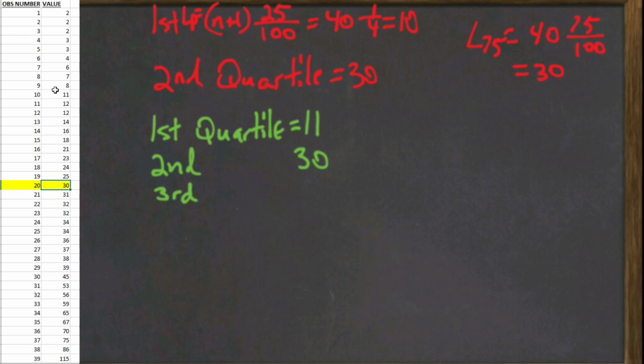So we look up the 30th observation, and we see that that is 45. Let me highlight those. So we have our quartiles here. We probably could have done that without the calculations because we have this nice round 39 plus 1 being 40. But we have three quartiles now.